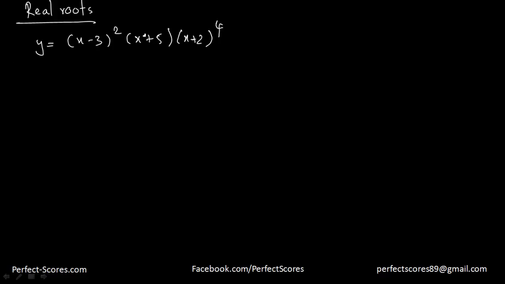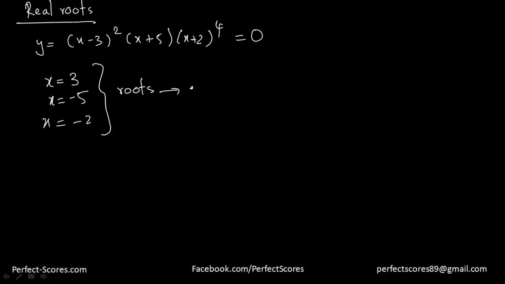Now in here, if I equate this equal to 0, then x is equal to 3, x is equal to negative 5, and x is equal to negative 2. These are all the roots of the polynomial. When I say roots, that means these are all the x-intercepts. When I say x-intercepts, these are all the points on the x-axis where this graph will cut the x-axis. Fine. So that is how you denote.